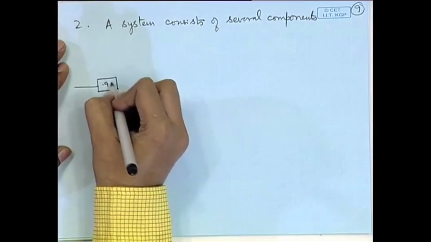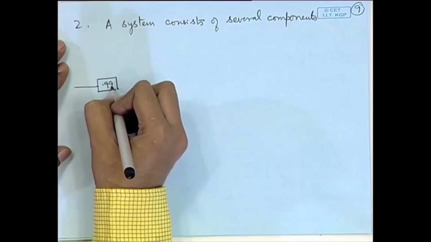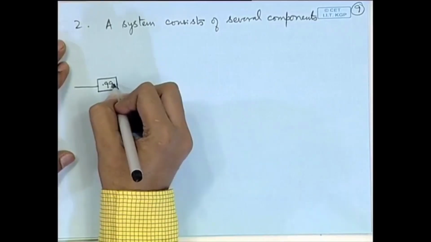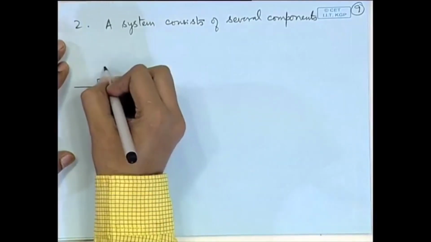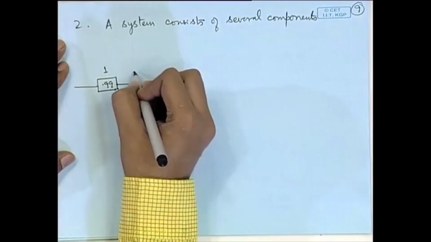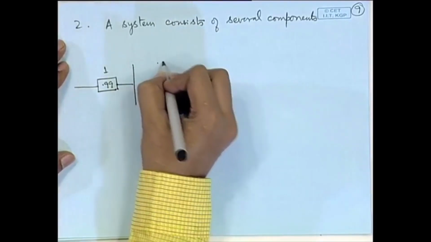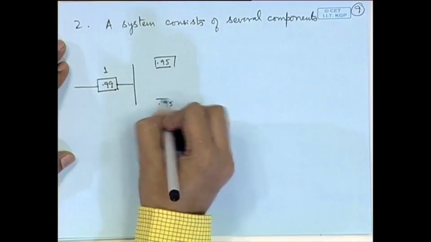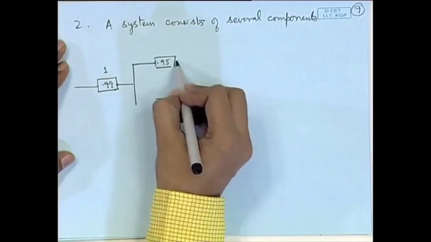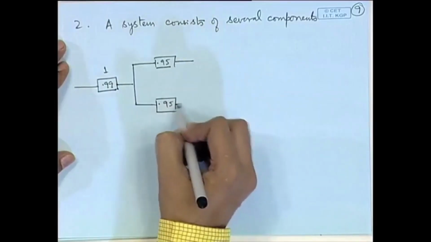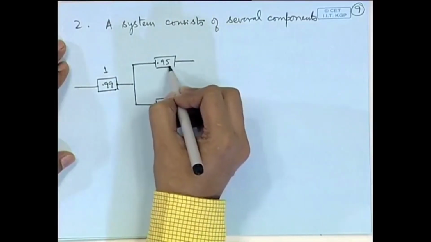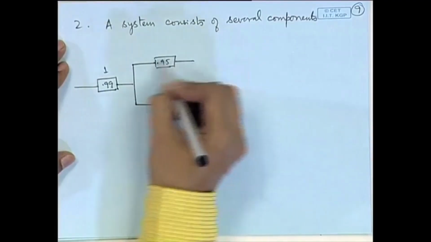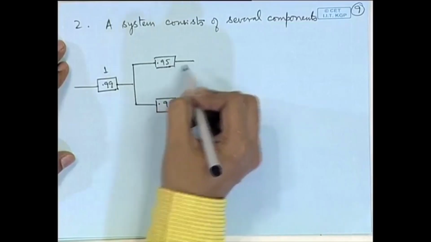The numbers represent the reliability of the component to be functioning. So, 0.99 is the reliability of component 1 to be functioning, 0.95 for the second one. So, this second assembly here consists of two components connected in parallel. So, this particular part will be working provided any of them is working.